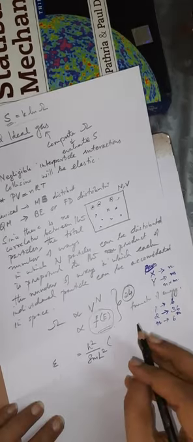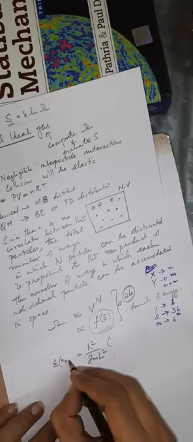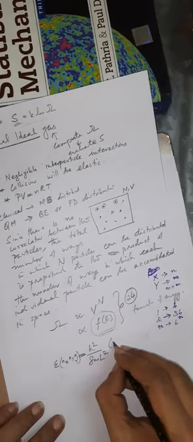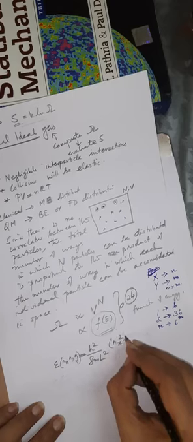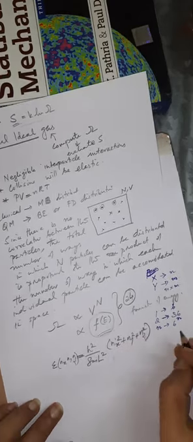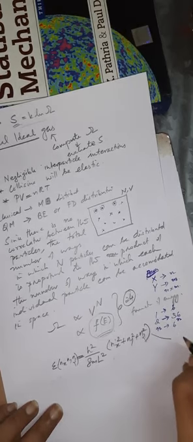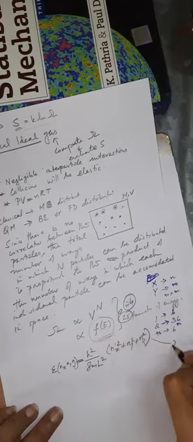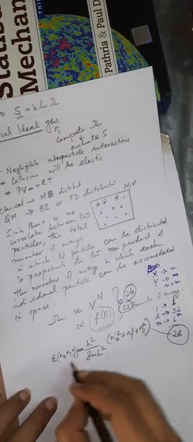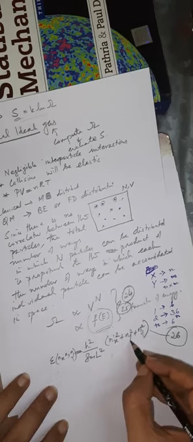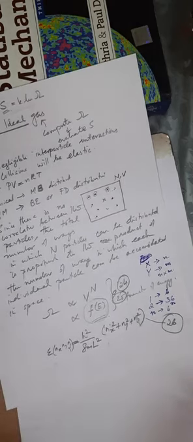Here we have a three-dimensional box, so I can write E of nx, ny, nz is equal to h squared by 8 m l squared, nx squared plus ny squared plus nz squared.